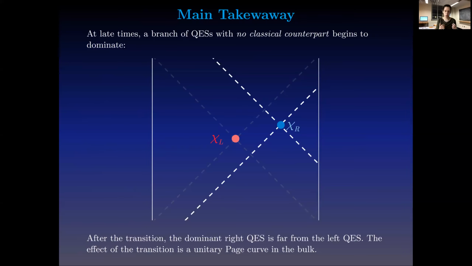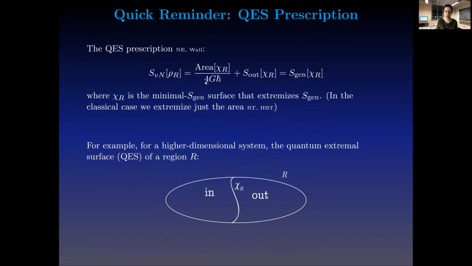Now, what do I mean by that? Well, if you just look at this formula here, you might suspect that a quantum extremal surface only exists near a classical extremal surface because we're working in perturbative quantum gravity, and A over 4G should always outweigh S_out. Now, one way of seeing that this is not necessarily the case is that, of course, we're looking for an extremum, which means that we're looking at the derivatives of these.